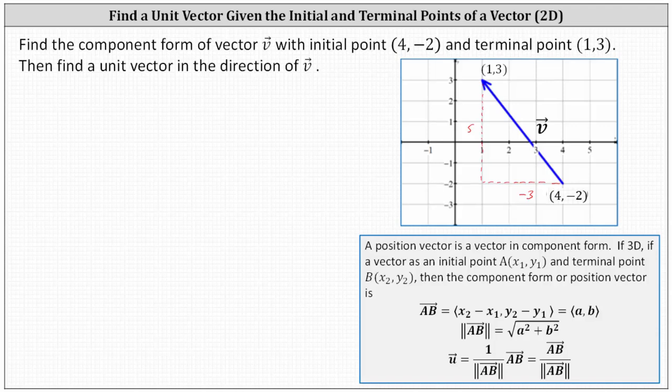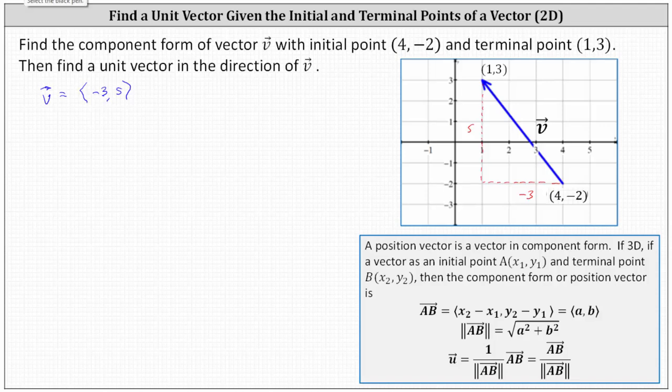So now we know vector v in component form has an x component of -3 and a y component of +5. But let's also determine the component form using the initial and terminal points.